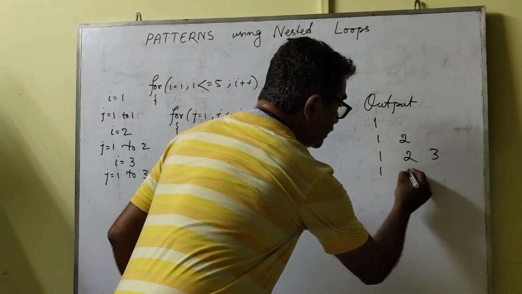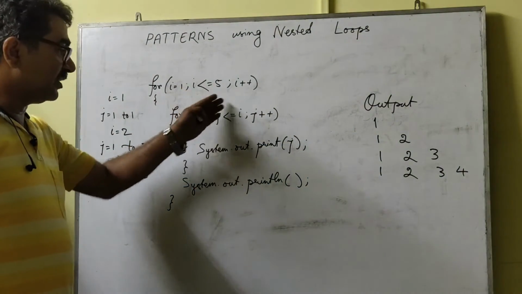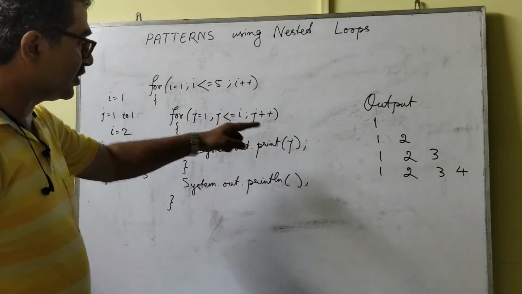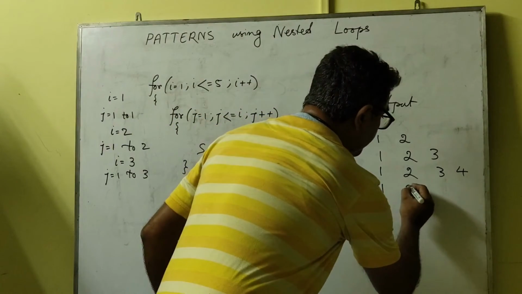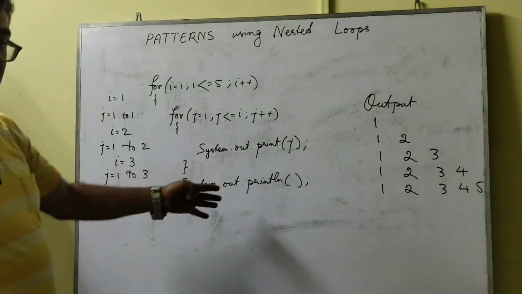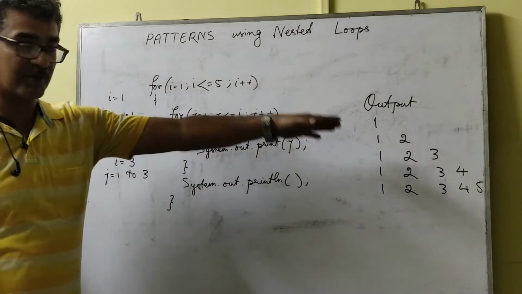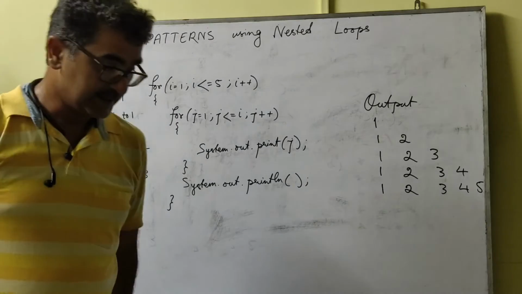So it's going to give you 1, 2, 3, 4. Next time the value of i will be 5. So this loop runs from 1 to 5. So see how simply this pattern could have been created. At least determining by looking at the program what will be the output is quite easy.